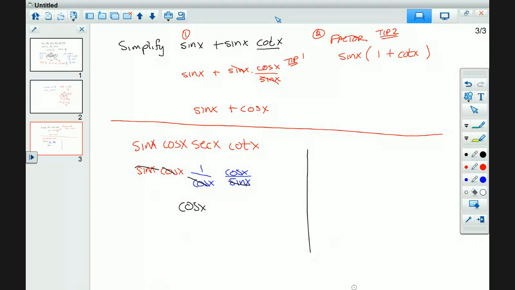Secant x over tangent x. Anybody? How can I change those? 1 over cosine and sine over cosine.